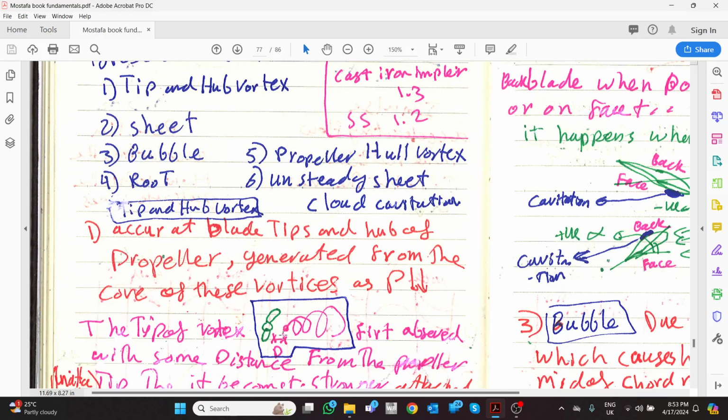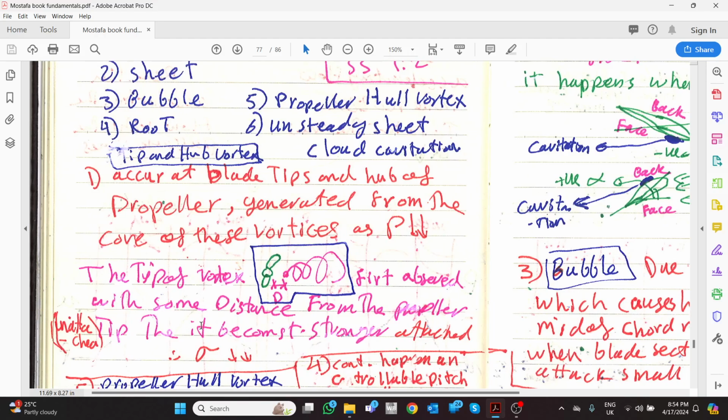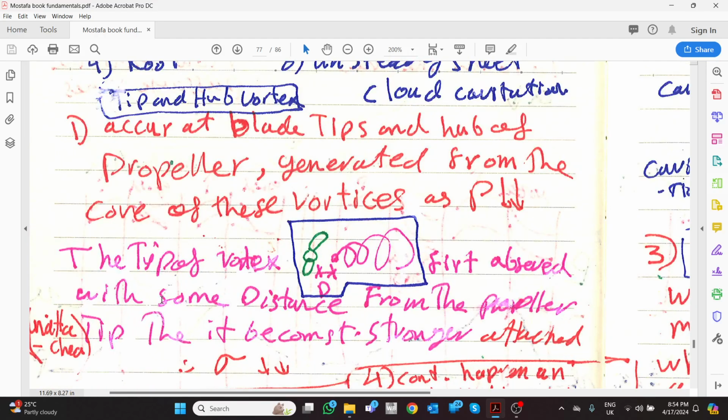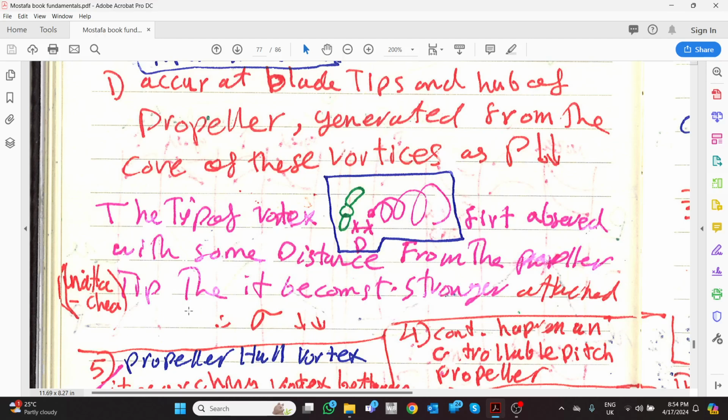This vortex will create a low pressure here, and with more and more velocity, this vortex can reach until here and create less and less pressure. Even if there is no cavitation here, by the way, there is suction and lower pressure on the blade, which will create cavitation. Of course, it will appear first at a distance, then at high velocity it comes near, and it will be stronger.